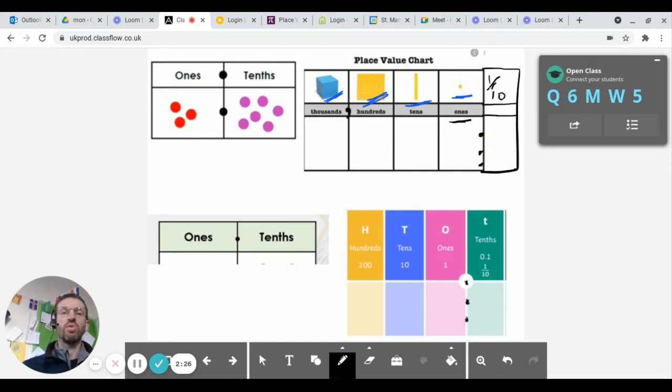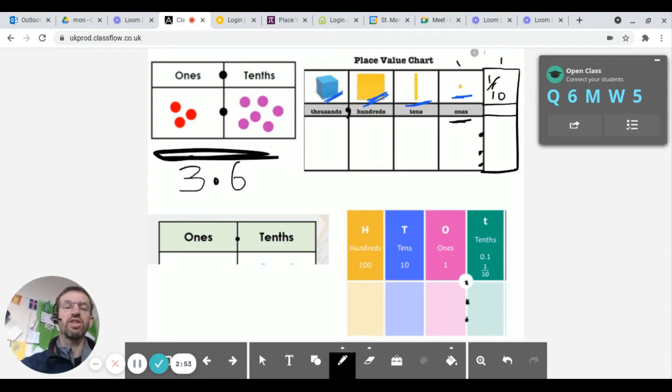So, for example, this is also a place value chart here. We've got ones and tenths on this one. Same as we've got ones and tenths over here, we've got ones and tenths on this side. And we know that this, as a number, would be 3, because there's 3 discs in the ones column. 3 red discs, and we've got 6 purple discs, so it's going to be 6 tenths.